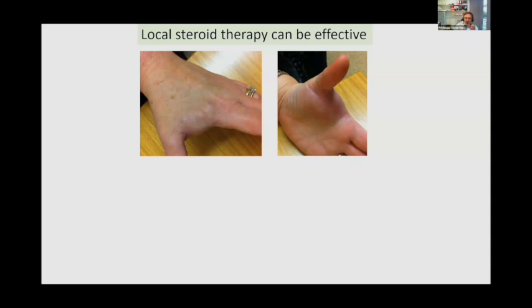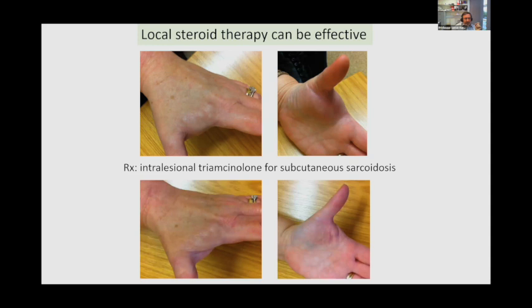So here's a patient of mine who kindly agreed to be photographed again, and she has these rather large lumps under the skin between her thumb and her index finger, which means she can't actually oppose her thumb to her index finger, which of course is critical for function. My friendly dermatologist gave her an injection of steroid into the lesion, and a few months later it was very much better, not completely gone away, but very much improved, and she was able to regain function of her hand.